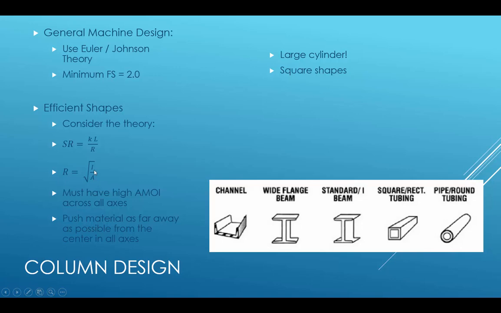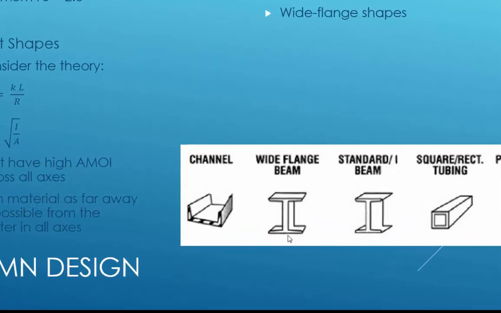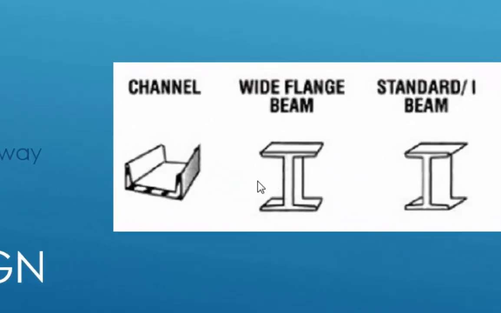So it really does not help your radius of gyration. So these wide flange beams are actually pretty good. Because they have wide flanges, they push a lot of material out, in this case to the right and to the left. They obviously have a lot of material on top and bottom, so they're very efficient that way. But they're pretty good right and left.